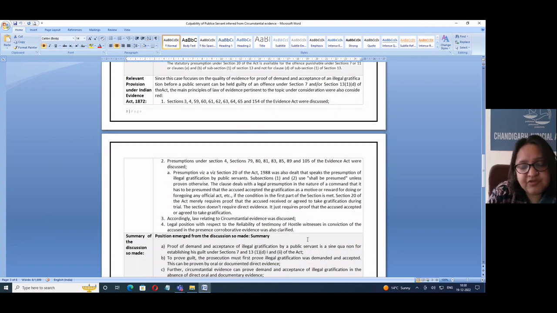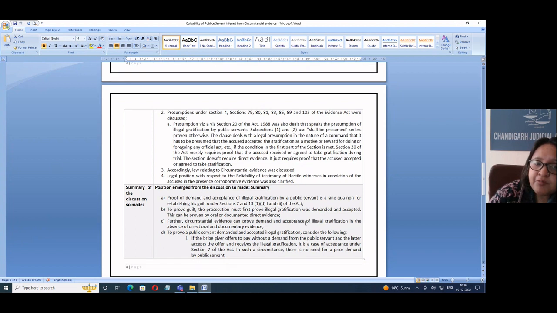After discussing all the relevant provisions and the plethora of judgments, the position that emerged from the discussion was summarized by the Honorable Supreme Court as follows. Proof of demand and acceptance of illegal gratification by a public servant is a sine qua non for establishing his guilt under Section 7 and 13(1)(d) clause 1 and clause 2 of the Act.